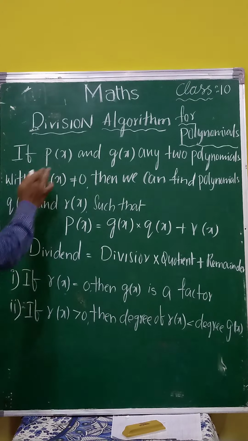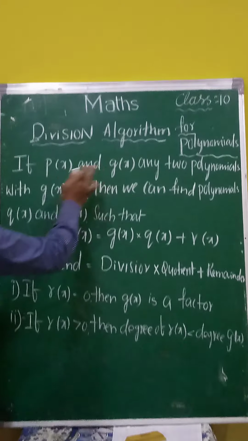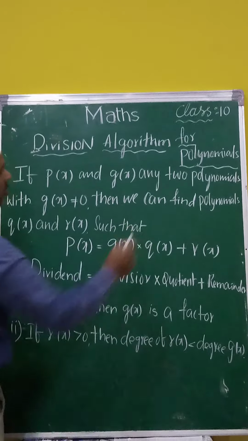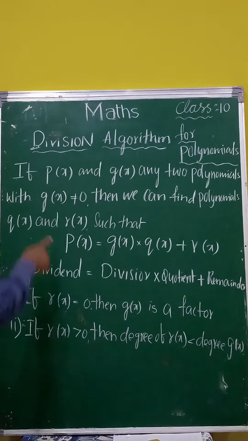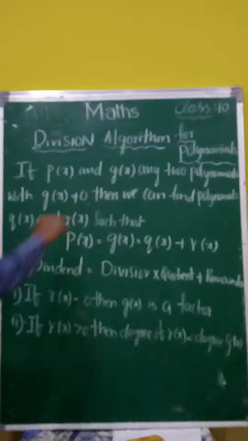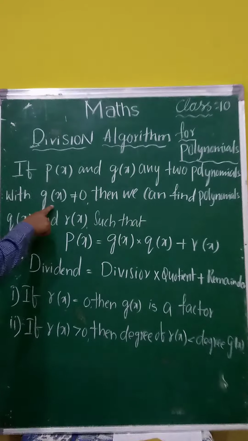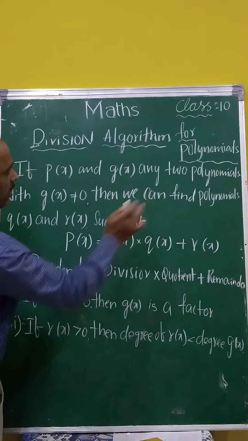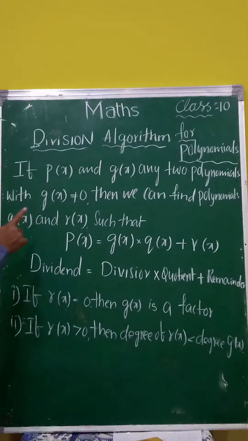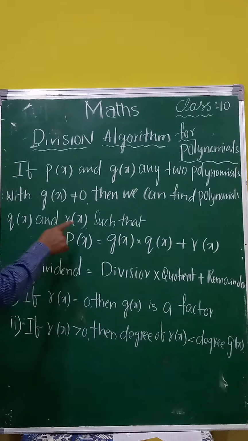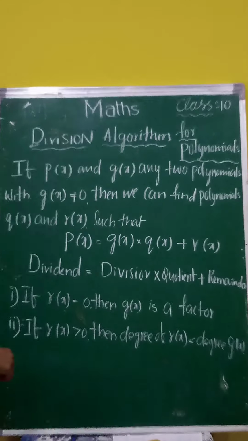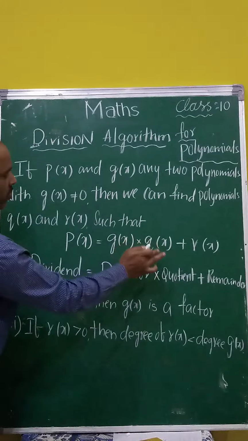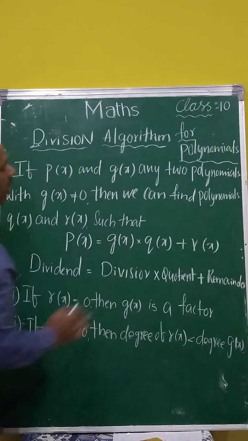If p of x and g of x are any two polynomials with g of x not equal to 0, then we can find polynomials q of x and r of x such that p of x is equal to g of x into q of x plus r of x.